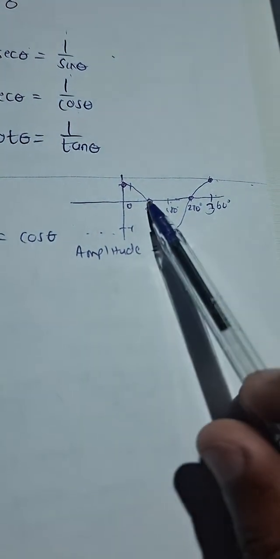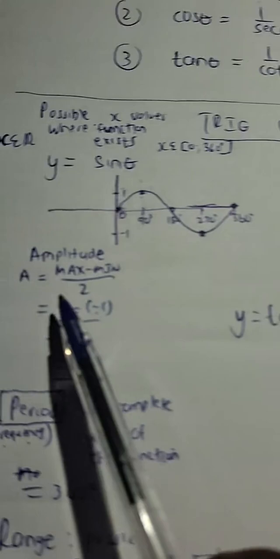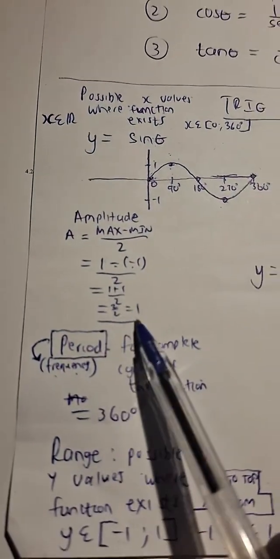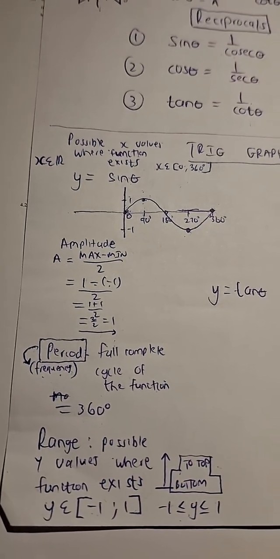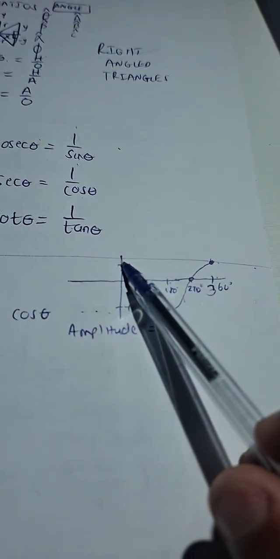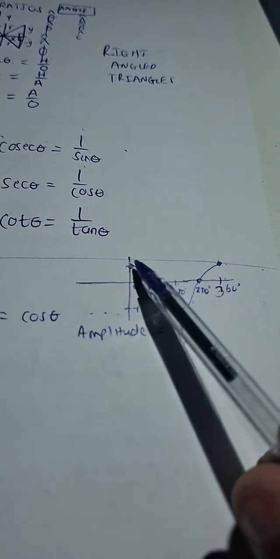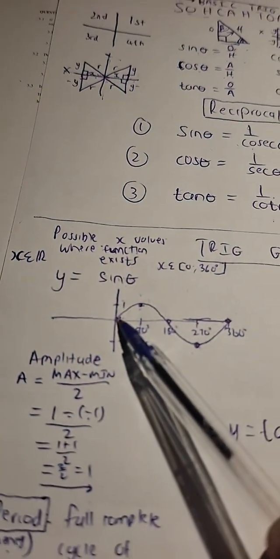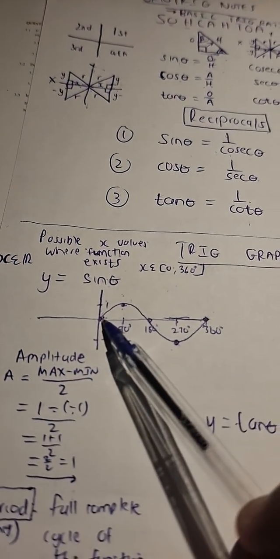So the amplitude of the mother cos graph is 1, just like the amplitude of the mother sine graph, which is 1. So the cos graph, guys, starts at positive 1. It starts at the y value of positive 1, whereas the sine graph starts at the value of 0.